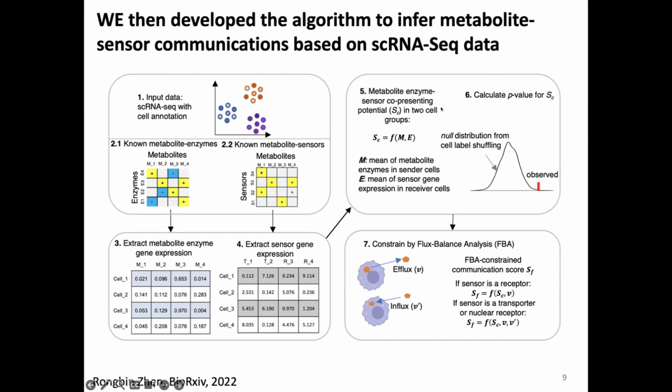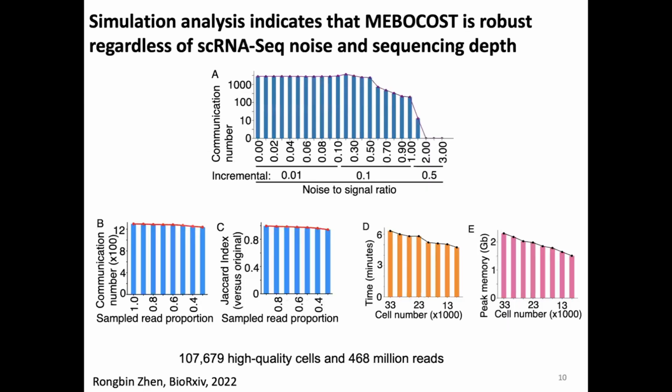Then we perform permutation to infer the likelihood of communication made by a pair of metabolite and sensor between single cells. Finally, Rongbin further added a flux balance analysis to further ensure that the metabolite is highly likely generated in the sender cells involved in the communications.